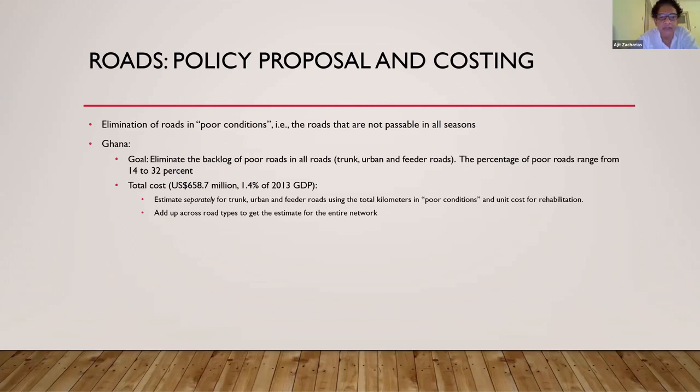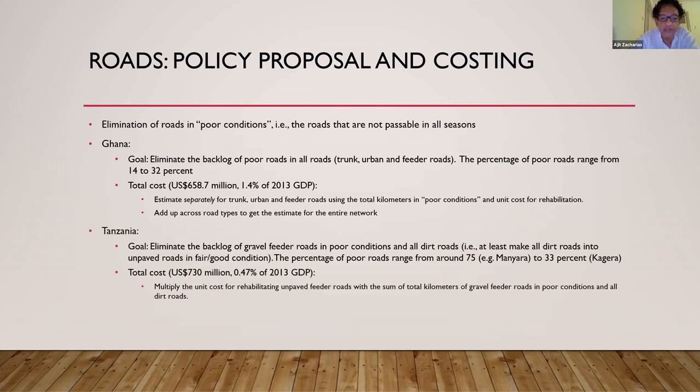So for Ghana, for example, the policy goal that we specify is an elimination of poor roads in all types of roads, that is trunk, urban, and feeder roads. If you look across the regions of Ghana, the percentage of poor roads ranges from 14 to 32%. And we come up with an estimate of how much this would cost, about 1.4% of Ghana's GDP in 2013.